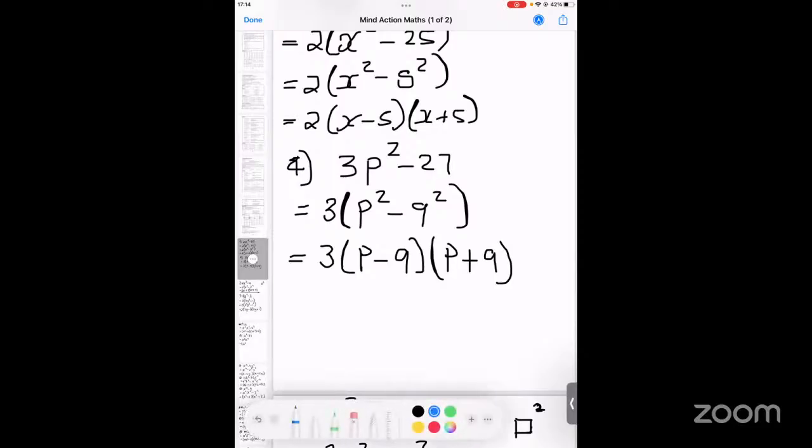What's happening there, Gracie? What do you mean, sir? So you see there you are having 9 squared. Yes, sir. Where is the 9 squared coming from?